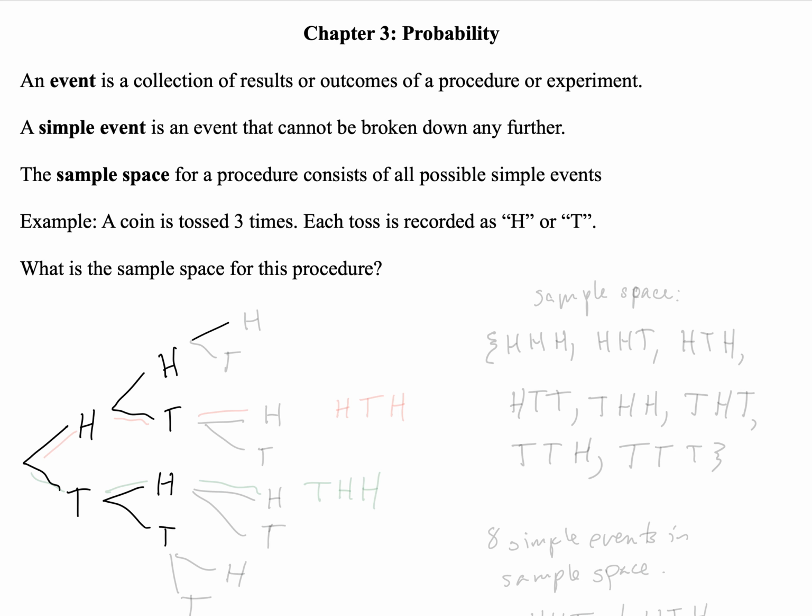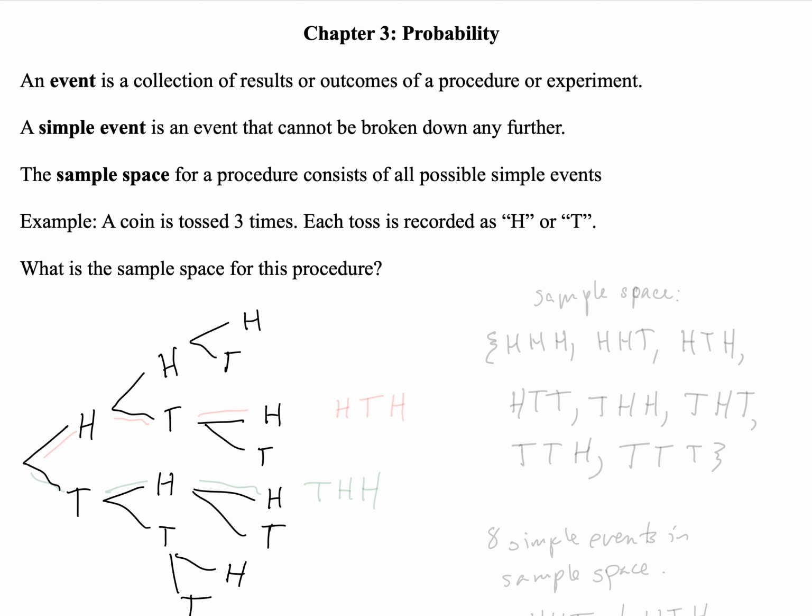And finally, our third toss, after it was a head, it could be a head or a tail. After it was a tail, it could be a head or a tail, and so on. And so this is a tree diagram diagramming each of the possible simple events.